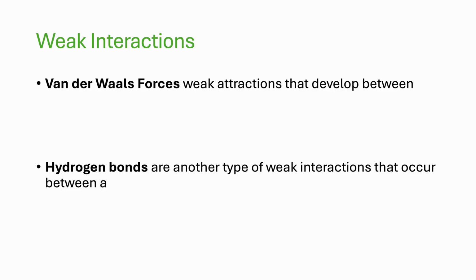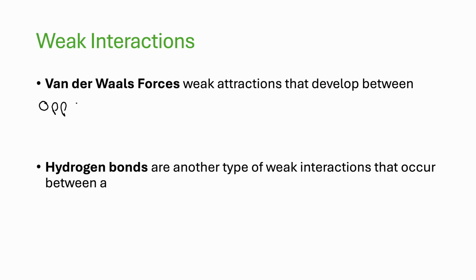So between ionic and covalent bonds, those are really strong interactions. But sometimes we have these really small weak bonds. These weak interactions, called van der Waals forces, are weak attractions that develop between oppositely charged regions in nearby molecules.